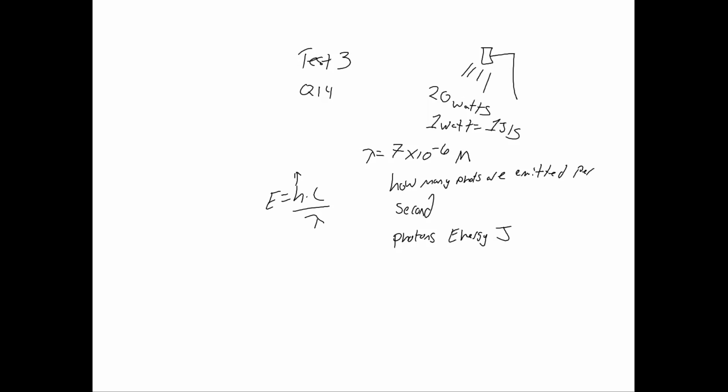Planck's constant is 6.626. Then the units are joules per second. The speed of light is 3.0 times 10 to the 8th meters per second. And wavelength is in meters.